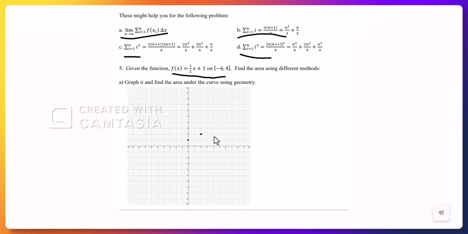So then when we go to 4, that's going to be 3. So it's going like that. And then when it intercepts the negative, it's going to be -2, because when you plug in -2 in the function, -2 over 2 plus 1 will just be 0. So let's keep moving.